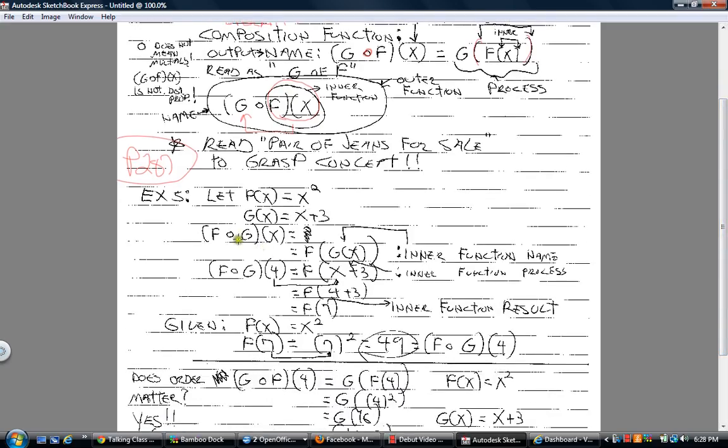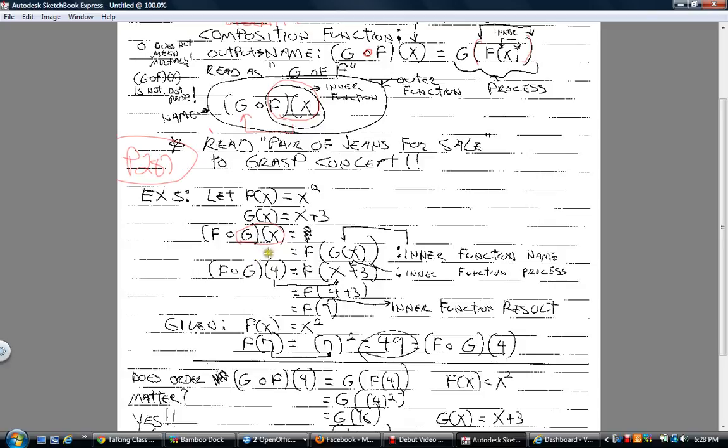These examples aren't too bad. Let me walk you through example 5 here in my notes. First function, f of x is equal to x squared. The second one, g of x, is x plus 3. They ask, what is the composition of f of g relative to the two functions? The order matters. Make sure you remember that. The inner function is going to go first.